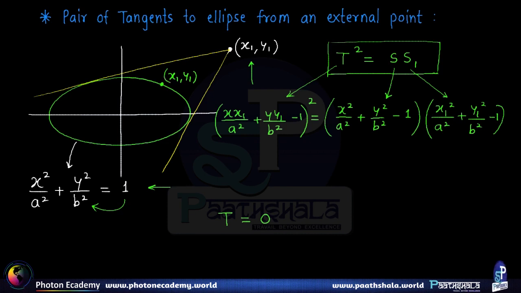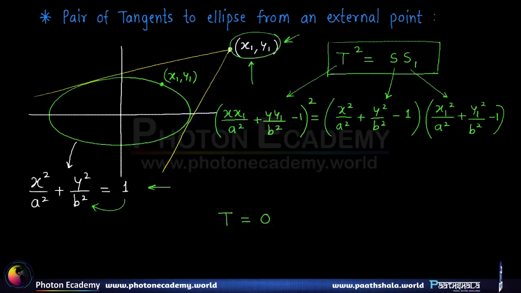Now we use the same pattern here, but it is only for the expression and not the point, because in this case, when we are considering the pair of tangents, the point (x1, y1) is an external point. It's not a point on the ellipse. So the interpretation of x1 and y1 is different in both cases, although the pattern of the equation is exactly the same, which we denote as T. So that is to be kept in mind.